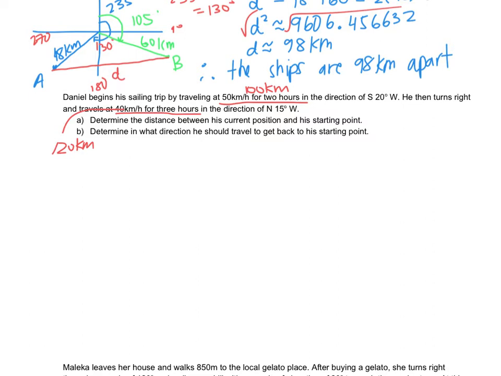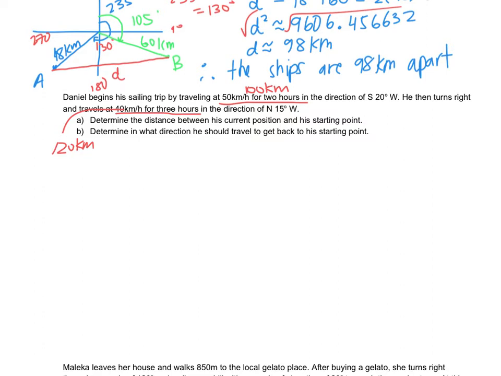They do ask us for the first part, determine the distance between his current position and his starting point. Now, having a very clear, somewhat accurate visual will be very important for this type of bearing scenario since there is this change in direction. So I'm going to start, well, his first move is that he's going in the direction south, 20 degrees west.